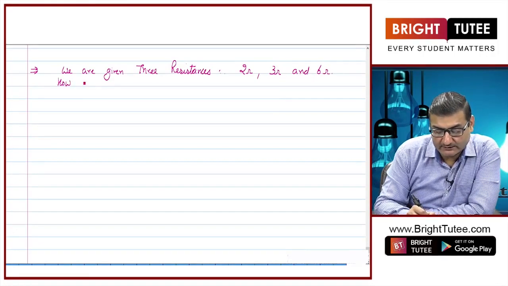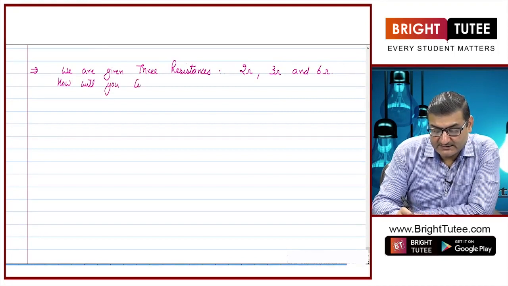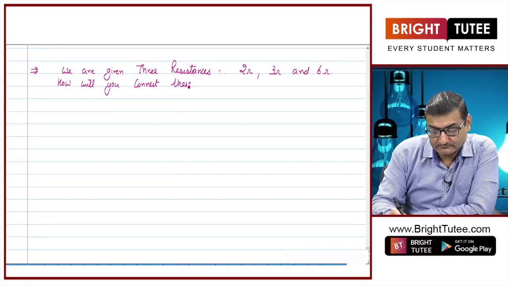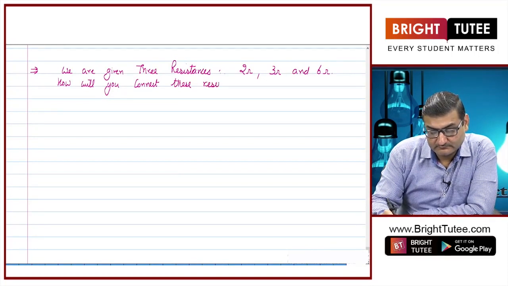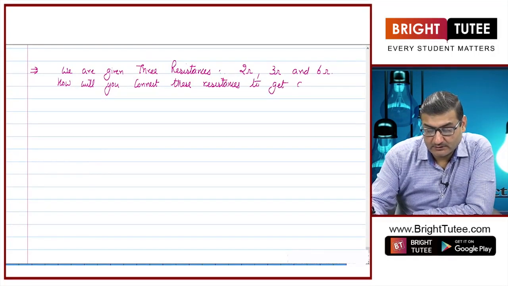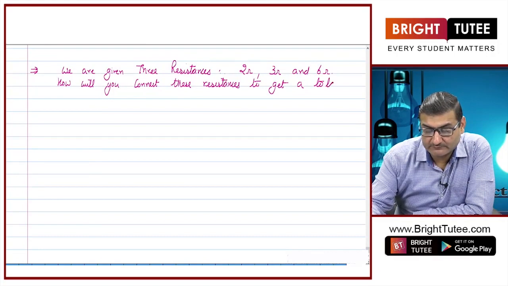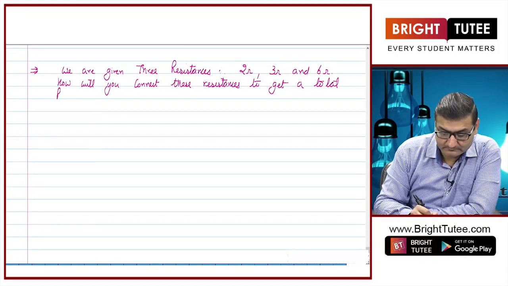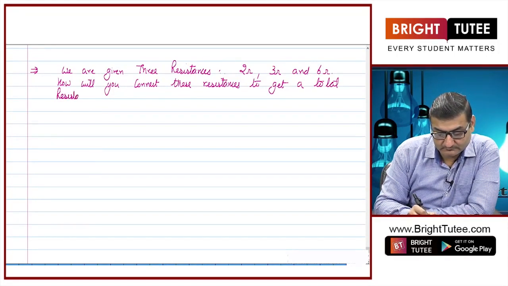How will you connect these resistances to get a total resistance of 4 ohms?